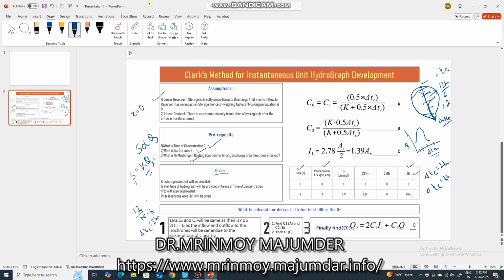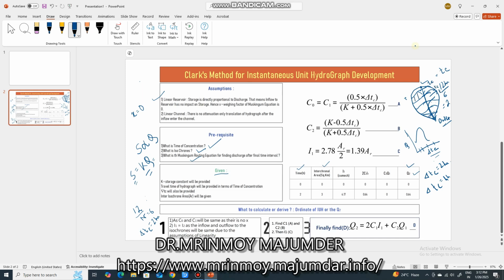So it is assumed that you can divide this watershed into 6 isochronal areas. Now all these lines have the same Tc, that is correct.